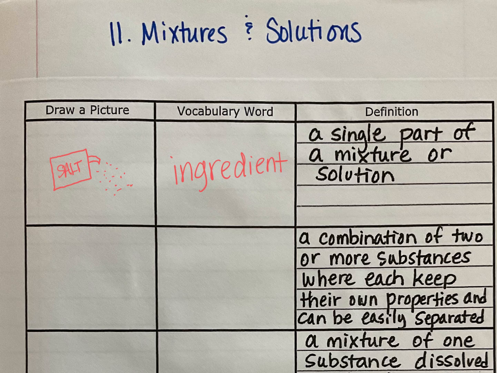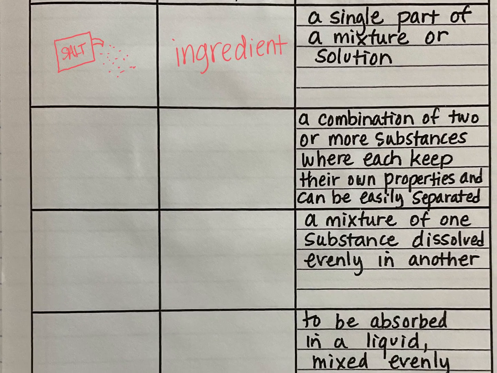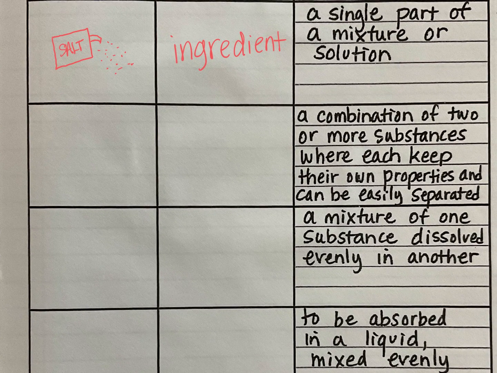Okay, let's go look at the next one. Our next word is mixture. A mixture is a combination of two or more substances where each keeps its own properties and can be easily separated. A good example of a mixture would be trail mix or a Chex Mix.